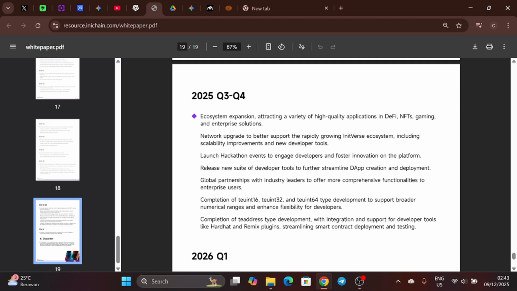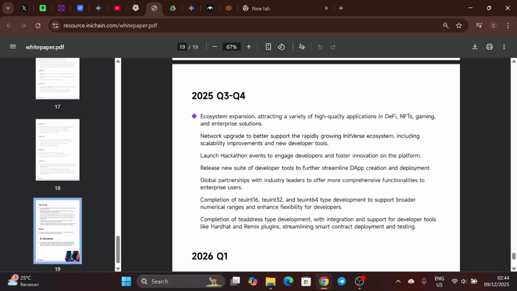Very nice. Launch hackathon events to engage developers and foster innovation on the platform. Release a new suite of developer tools to further streamline app creation and deployment. Global partnerships with industry leaders to offer comprehensive functionalities to enterprise users.